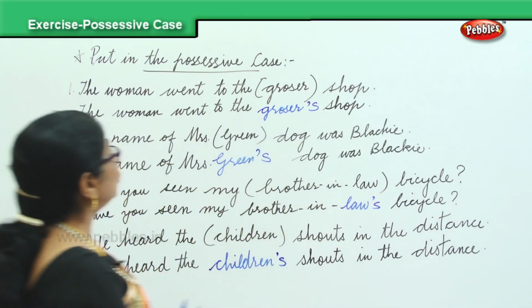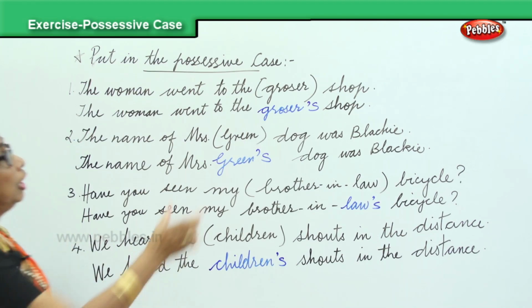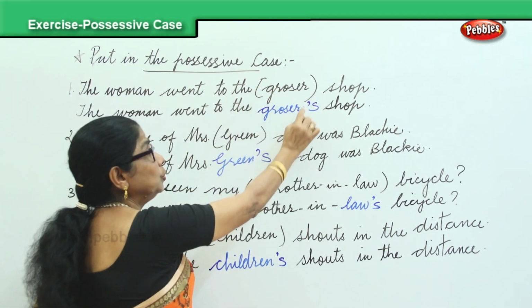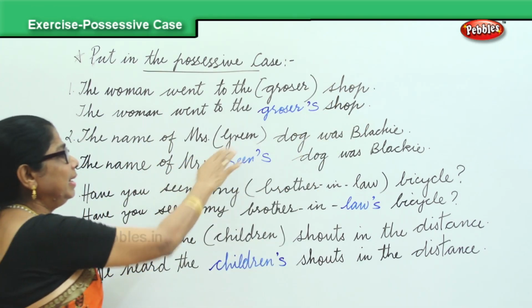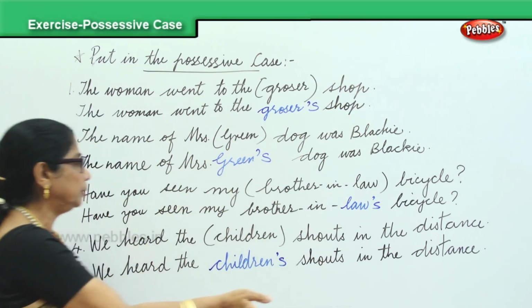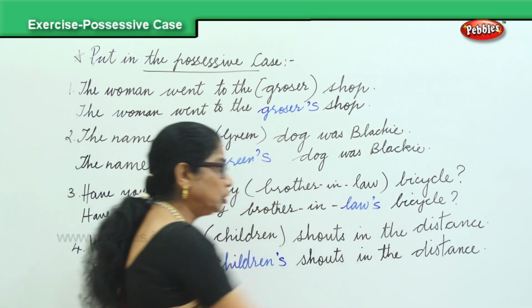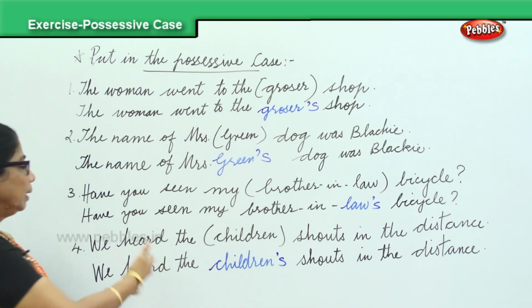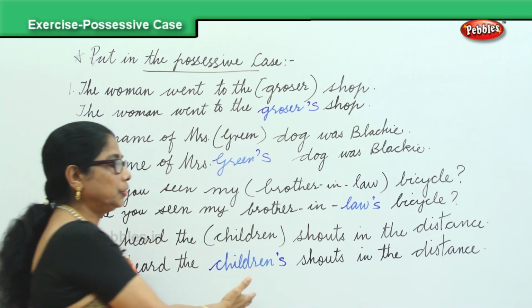Now let's look at the 4 sentences. Grocer, so you say grocer's. Mrs. Green, Mrs. Green's dog. Brother-in-law, brother-in-law's bicycle. We heard the children, we heard the children's shouts.